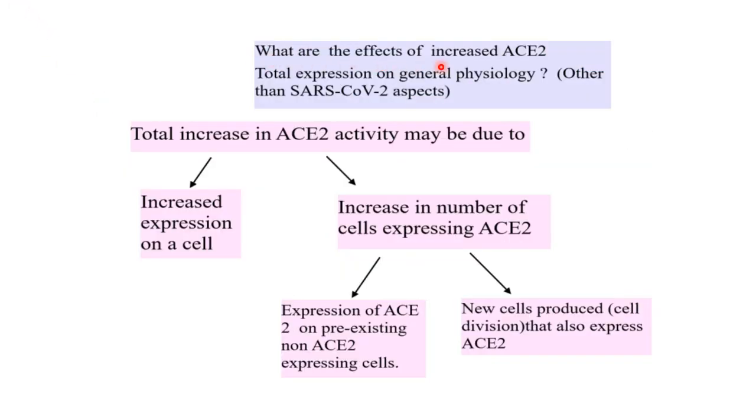What are the effects of increased ACE2? Total expression on general physiology other than SARS-CoV-2 aspects. So total increase in ACE2 activity may be due to increased expression on a cell or increase in number of cells expressing ACE2: expression of ACE2 on pre-existing known ACE2 cells, or new cells produced by cell division that also express ACE2.